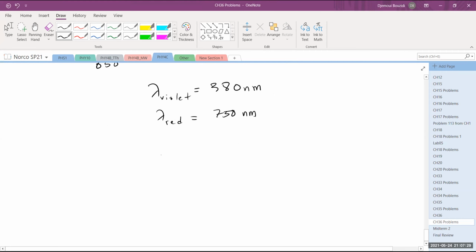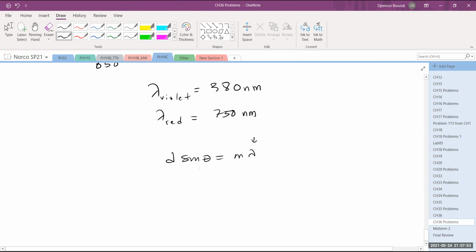We will have a maximum in this case whenever this relationship is true: d sine theta is equal to m lambda. I have 2 lambdas, lambda for the red and lambda for the violet, so I have to be careful which one I mean.